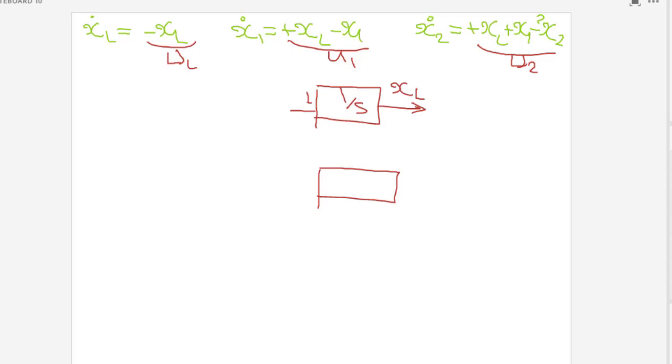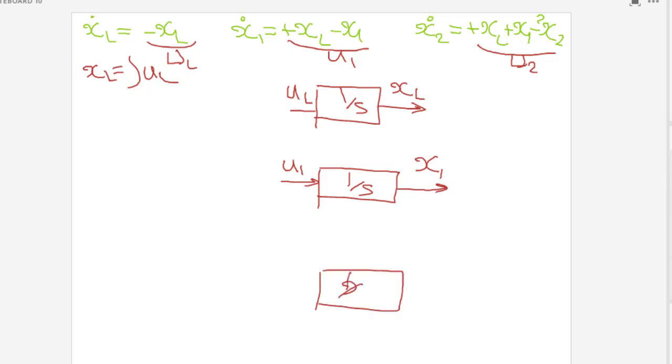Or we can write UL, integral of UL here. XL equal to integral of UL like this. Integral of u1 is x1. Integral of u2 is x2.